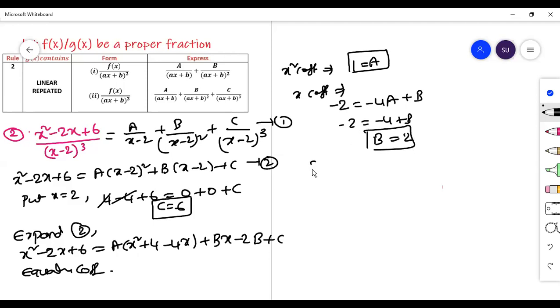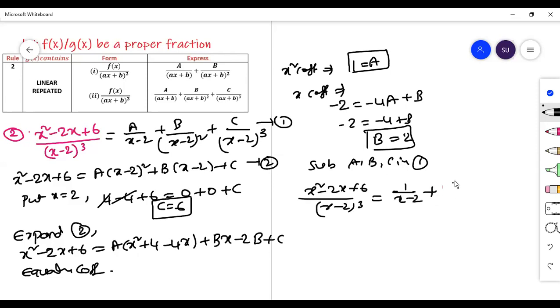Substitute a, b, c in equation number 1. That is x square minus 2x plus 6 by (x minus 2) whole cube is equal to 1 by (x minus 2) plus 2 by (x minus 2) whole square plus c, c is 6, 6 by (x minus 2) whole cube.